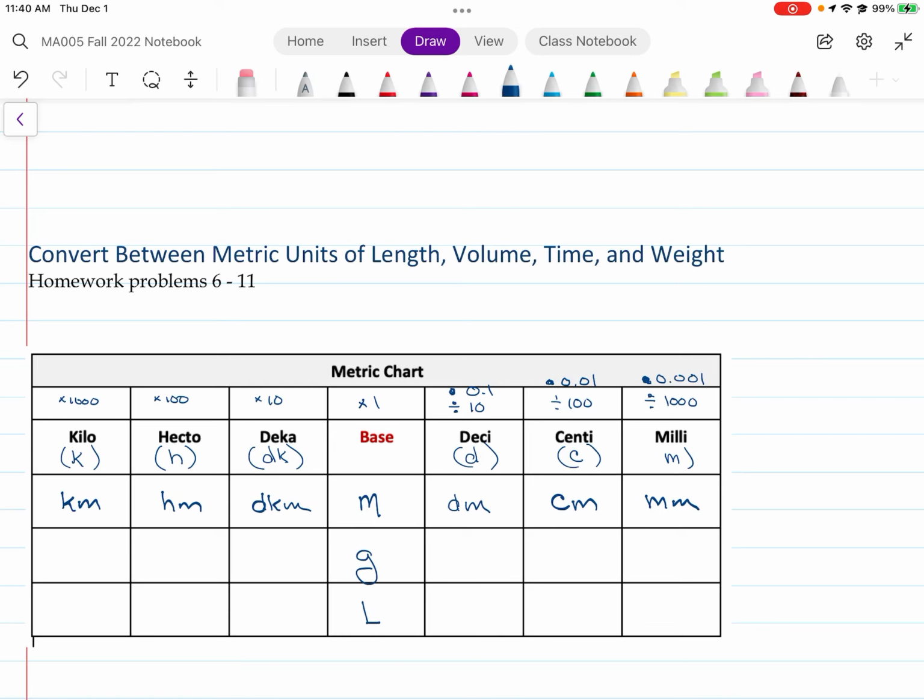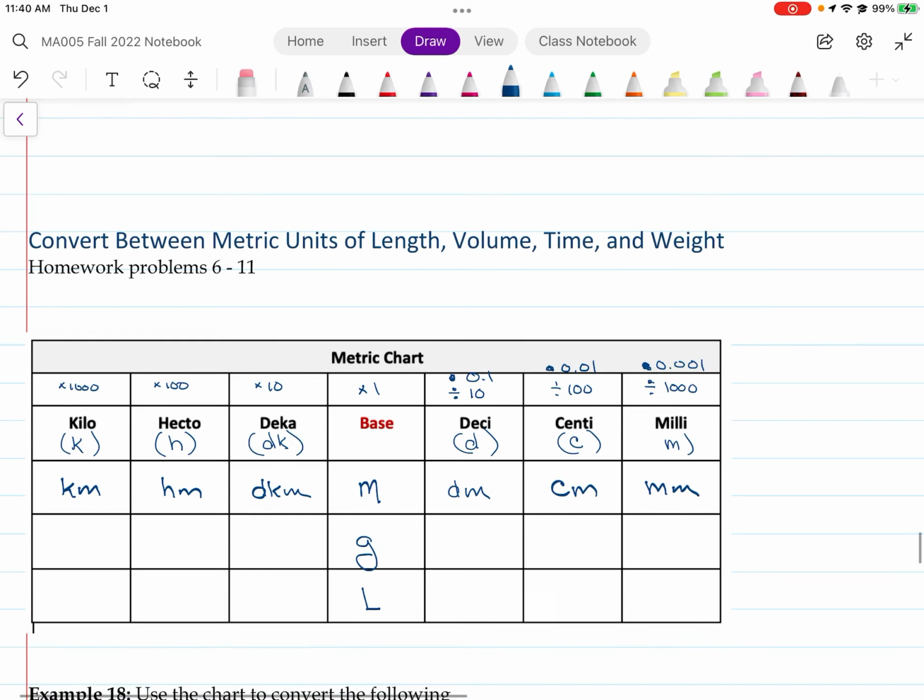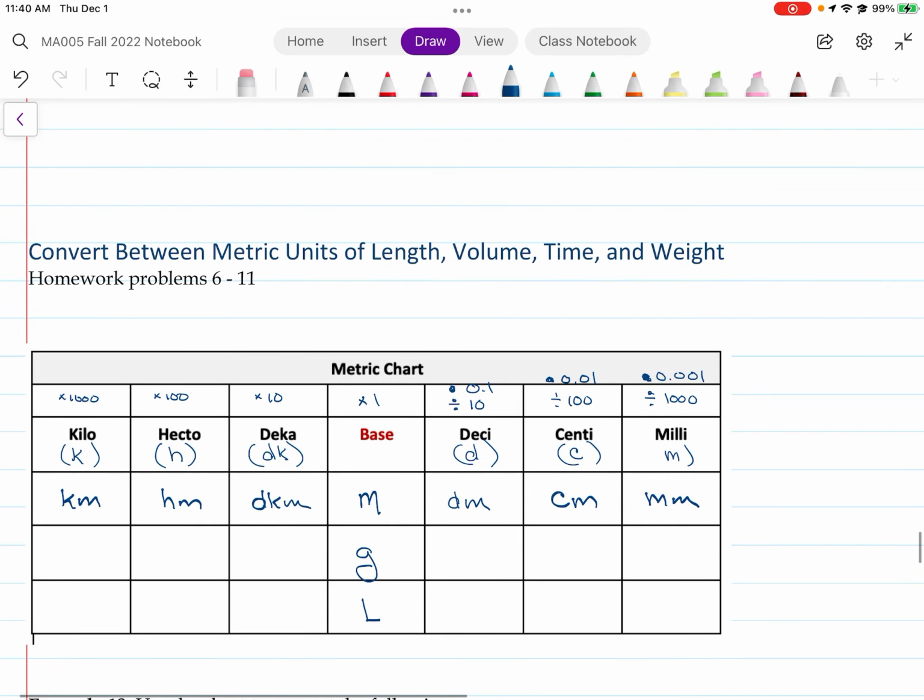You can go ahead and fill that in yourself, and you can have all of the abbreviations. And I may just fill it in really fast. Decagram, centigram, milligram, decaliter, centiliter, milliliter. As you can see, you've heard some of these a lot, but some of them you have not. So you might want to pause the video, and I'm just going to do it quickly, and you can come back and see.